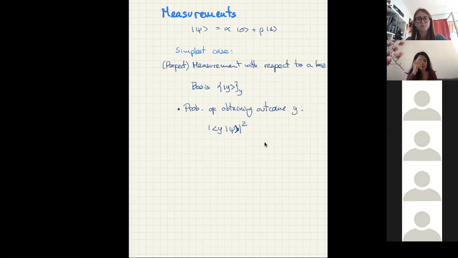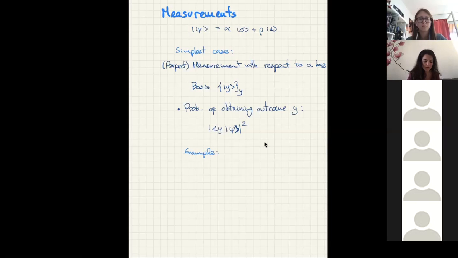Okay, it's given by the inner product of the basis element with the vector that you're trying to measure. So, for example, suppose you want to measure the wave function that we saw before, the continuous wave function ψ of x, in the x position basis.